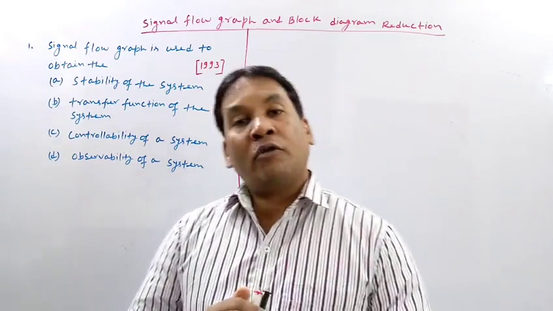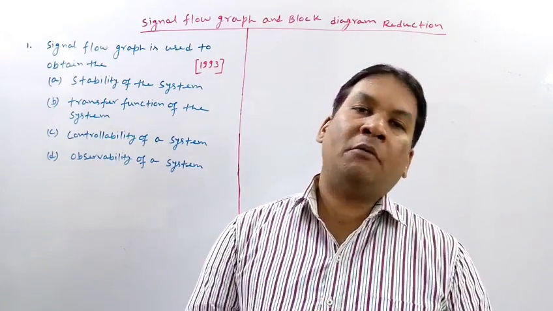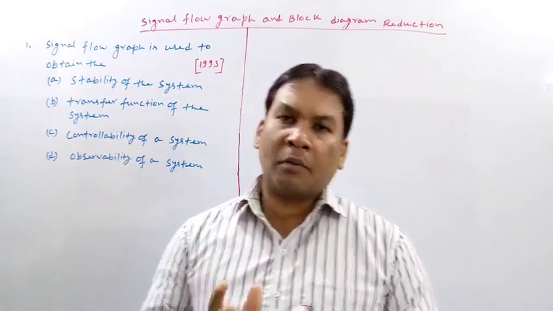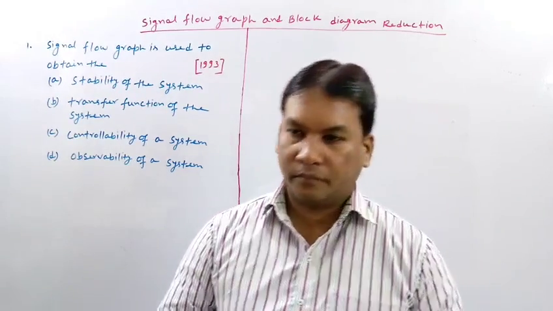We use the Mason-Gain formula, the formula given by Mason, to determine the transfer function of a signal flow graph.